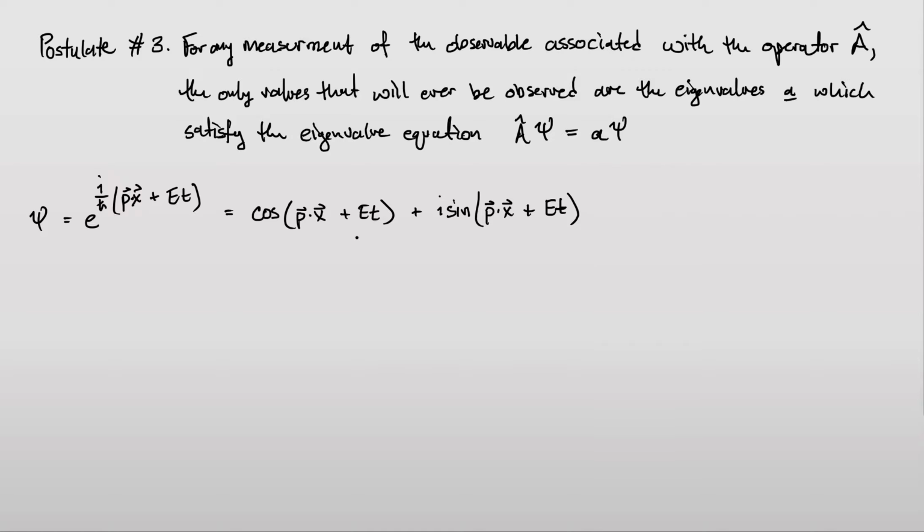So this is the most generalized wave we could talk about. This is a wave with complex components and real components. The real component is right here, and the complex part is right here. So this is real, and this is complex, and this is sort of the total wave.